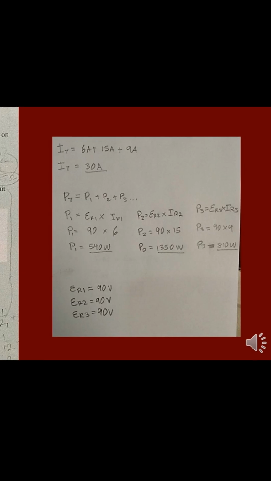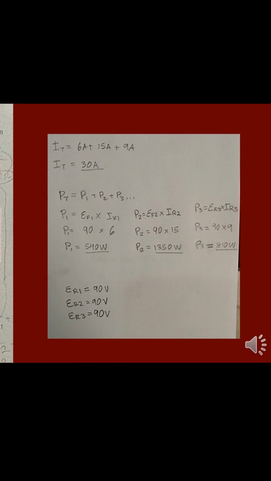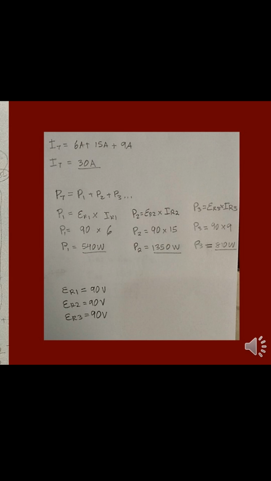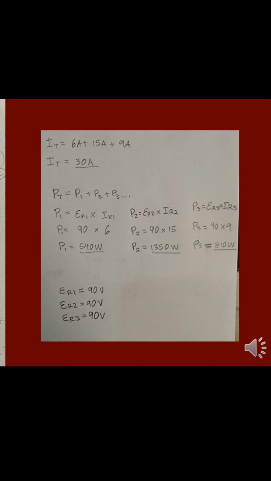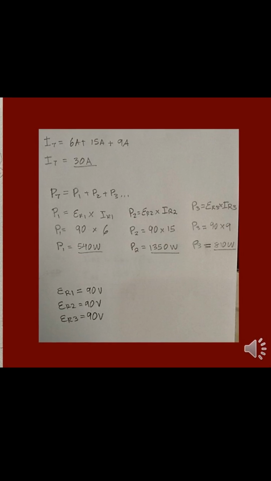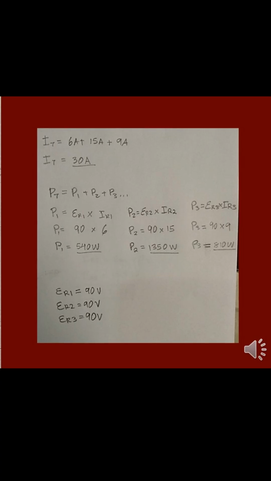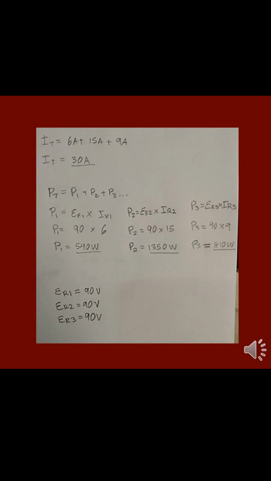For power number 2, we have 90 volts times 15 amps, that's 1350 watts. At P3, voltage drop at resistor 3 times the current flow at resistor 3, which is 90 volts times 9 amps, or 810 watts. And again, down below we show that there is a 90 volt drop at each resistor location.